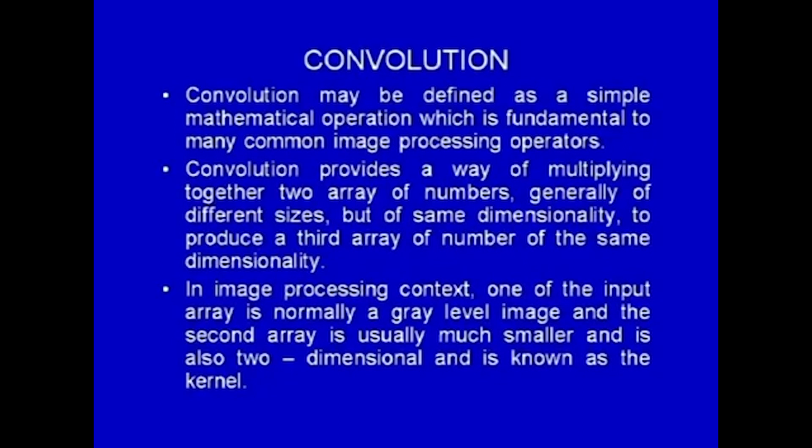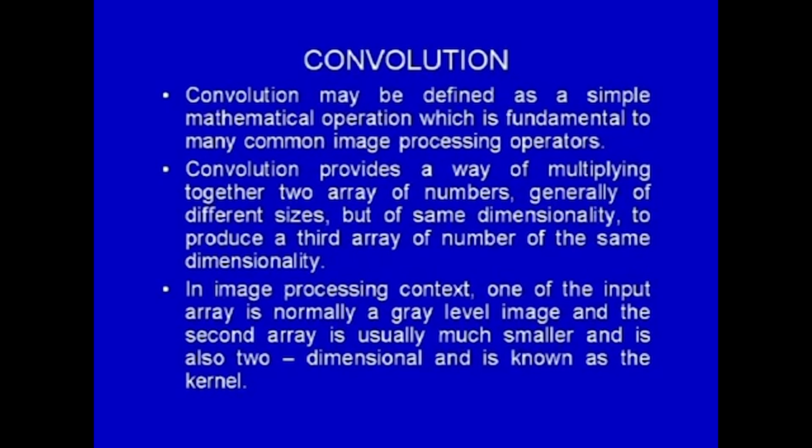So, what is convolution? Convolution may be defined as a simple mathematical operation which is fundamental to many common image processing operators. Convolution provides a way of multiplying together two arrays of numbers, generally of different sizes, but of the same dimensionality, to produce an array of numbers of the same dimensionality.